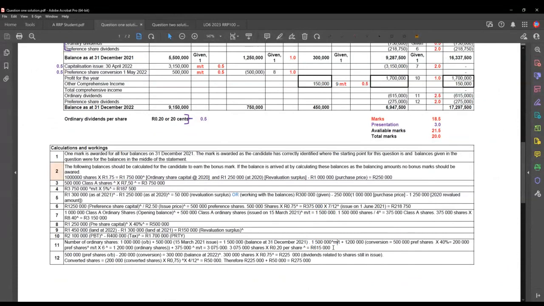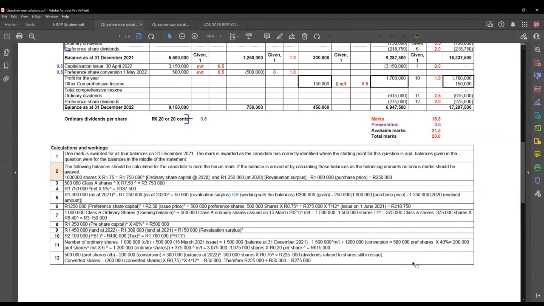So we know that from previously, the amount of shares should have been 1.5 million. We then had this conversion. How did the conversion work? We had 500,000 shares. We figured that out back in calculation 6, that we had 500,000 shares in issue.